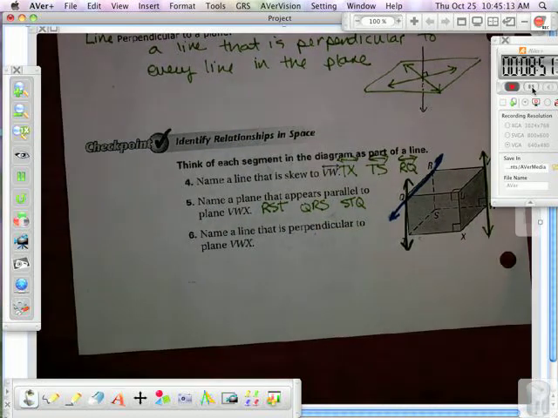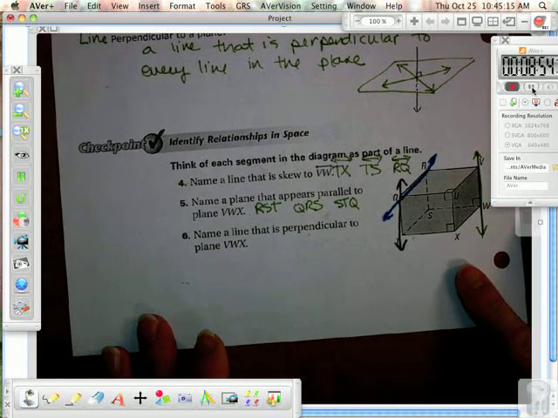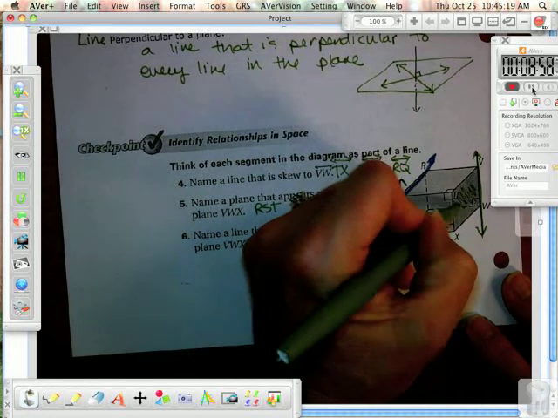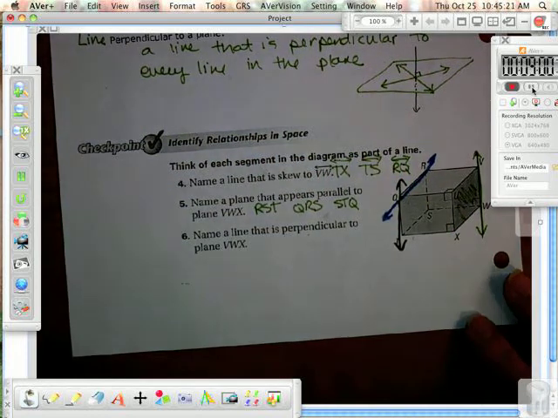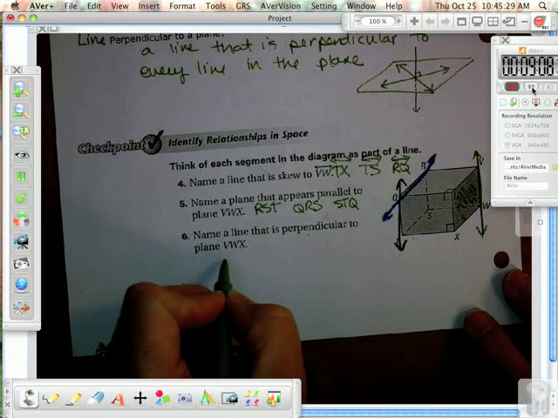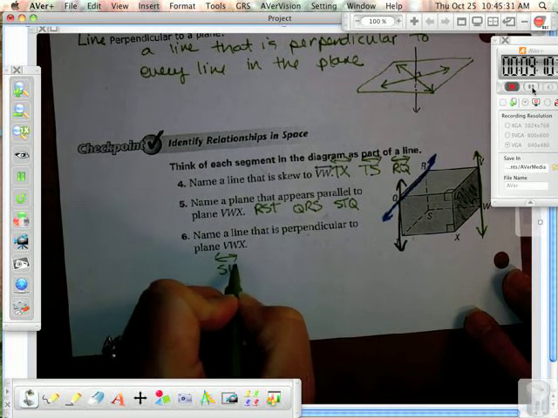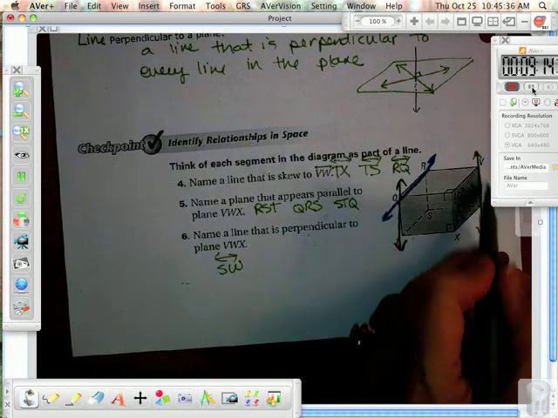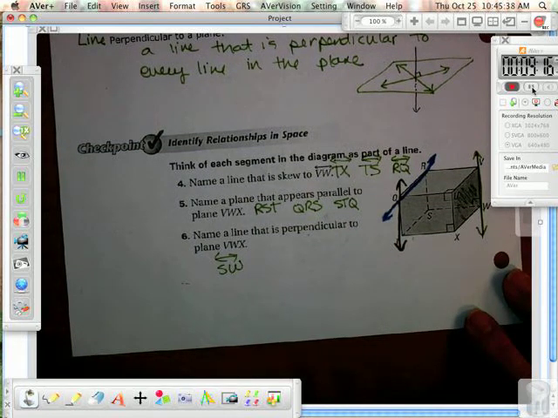Name a line that is perpendicular to this plane right here. What line is perpendicular to that plane? There's a few of them. SW would be one of them. See, it intersects right there. Okay? So that would be perpendicular to that plane.